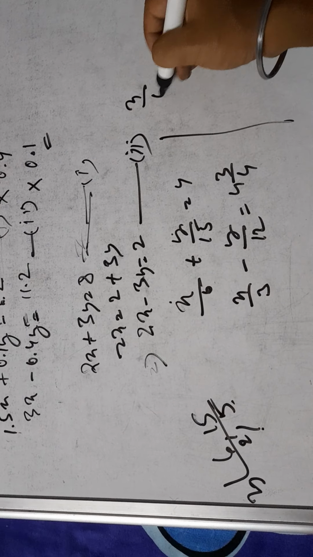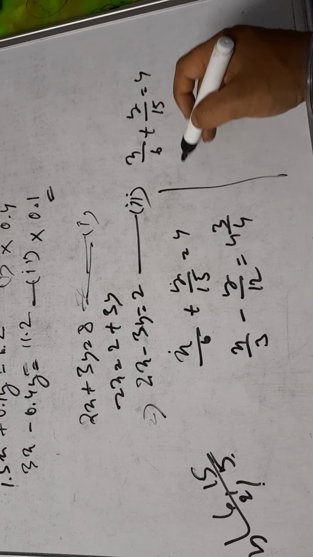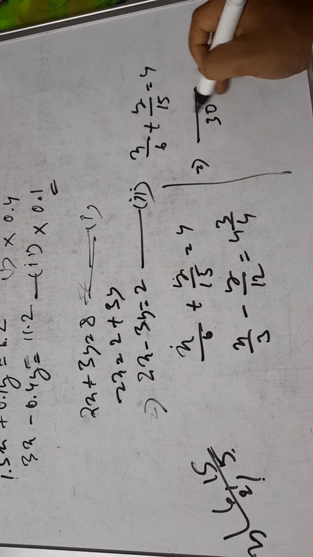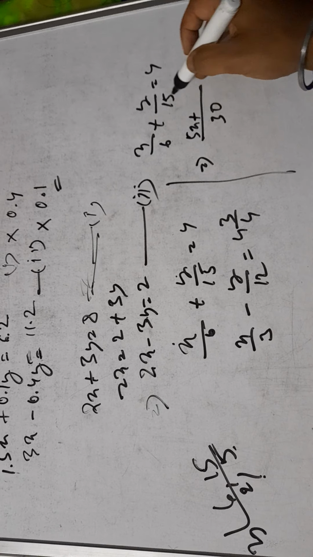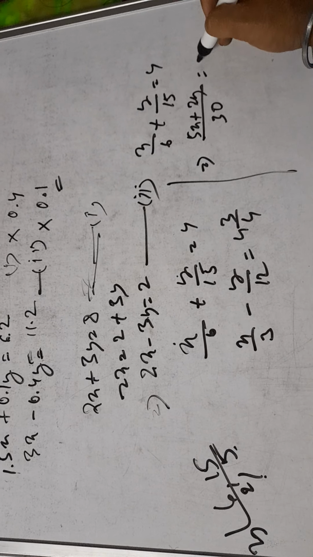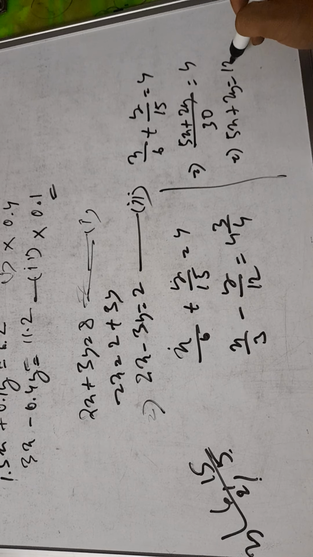So x by 6 plus y by 15 equals 4, so we get 30. 6 5s are 30, so 5x comes here, and 15 2s are 30, so 2y, equals 4, and 5x plus 2y equals 4 times 30, which is 120.